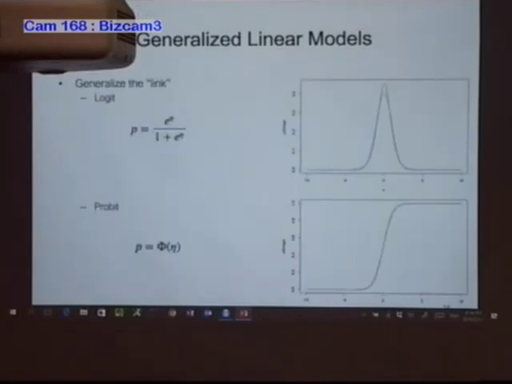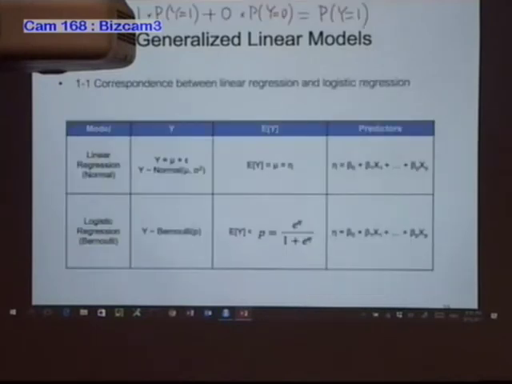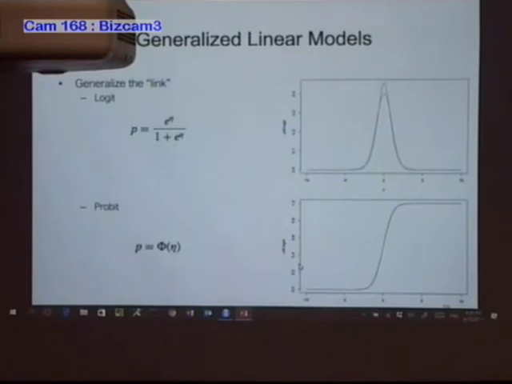Before that, let me talk about the link first, because what's special here is we introduce the logistic function as the transformation, and also we mentioned all that we need is a mapping from minus infinity to infinity into 0, 1. It can be anything. The logistic function is just one of the solutions. So in practice, there are many other solutions.